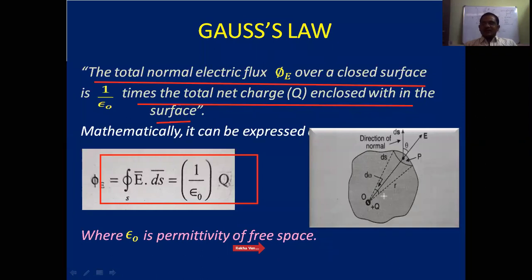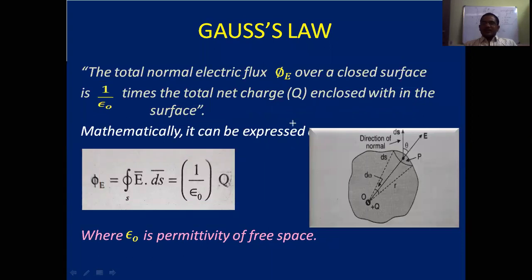So the normal electric flux over a closed surface is equal to 1 by epsilon naught times the net charge enclosed by this surface. This is the Gauss law statement, right? Now, using this Gauss law, let us see the applications one by one.